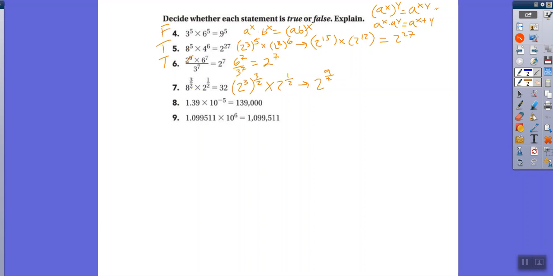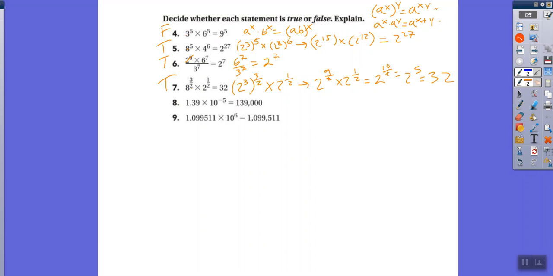Then I'm still multiplying it times 2 to the 1/2 power. Okay, so here now I'm adding the exponents. 9/2 plus 1/2 is equal to 10/2. So 2 to the 10/2 power, well, that's just equal to 2 to the 5th. 2 to the 5th is 32. So this is a true statement.